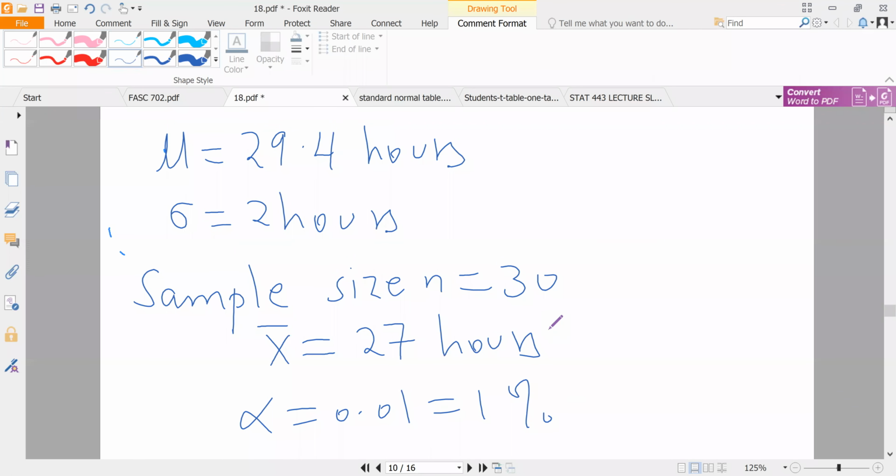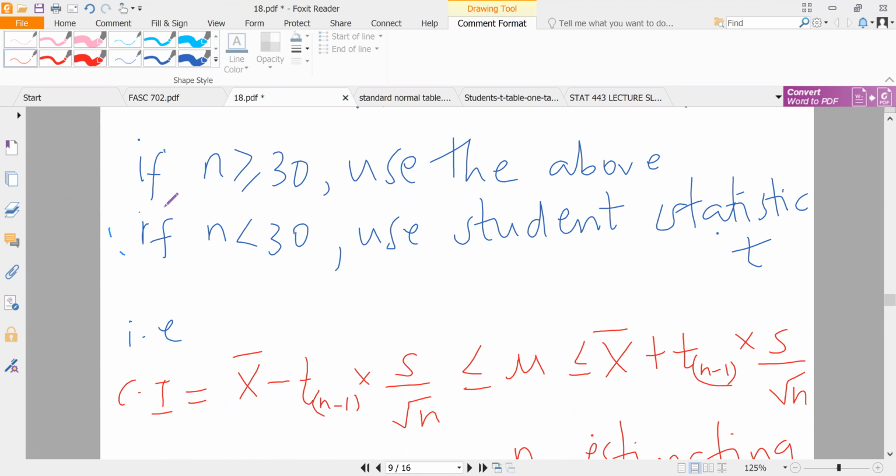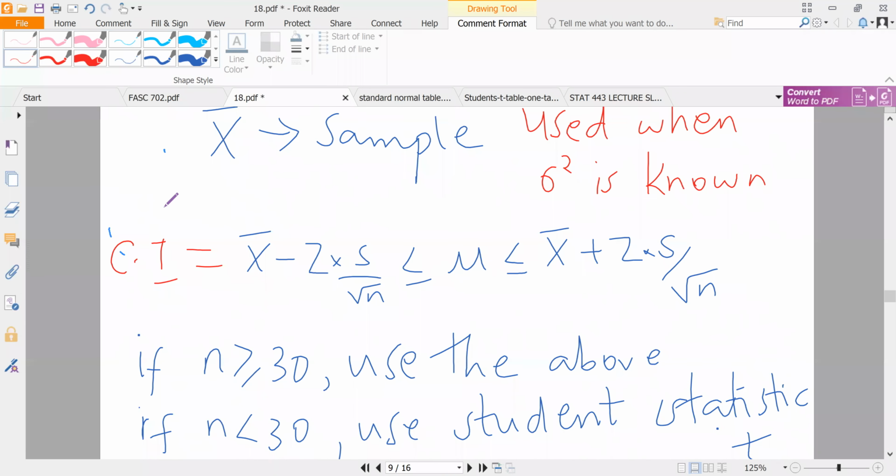In this particular case, because N is equal to 30 and the population standard deviation is known, this is the population standard deviation, then what we are going to use is this expression up here. This expression is what we are going to use. Sorry, not that expression.